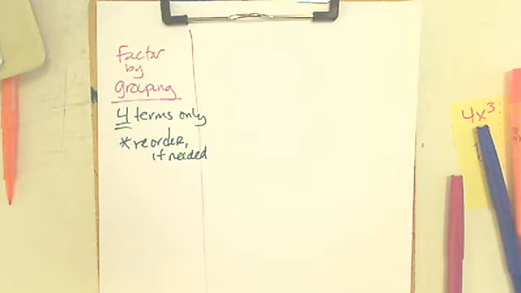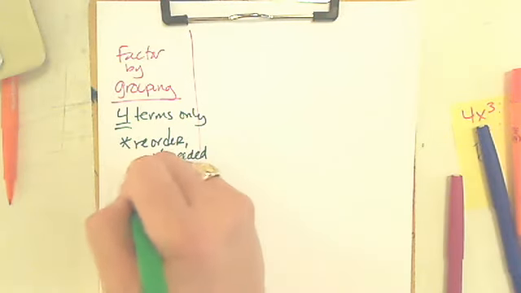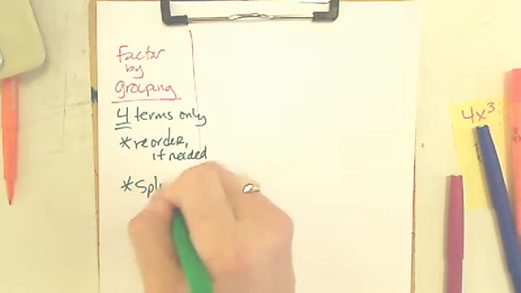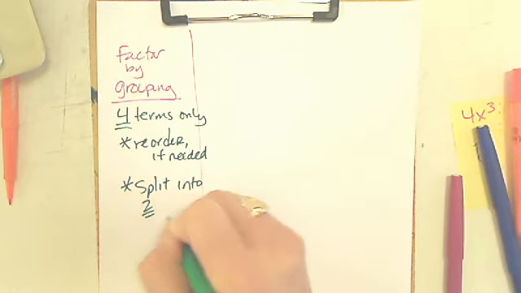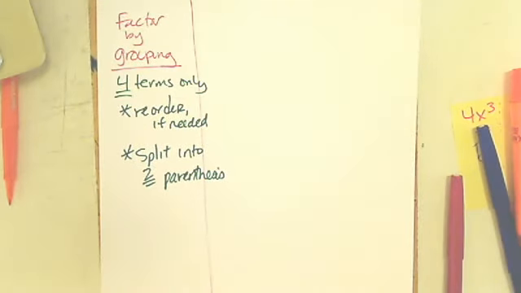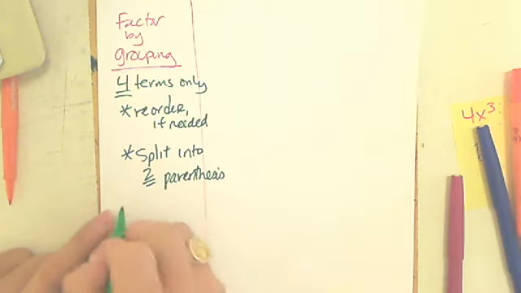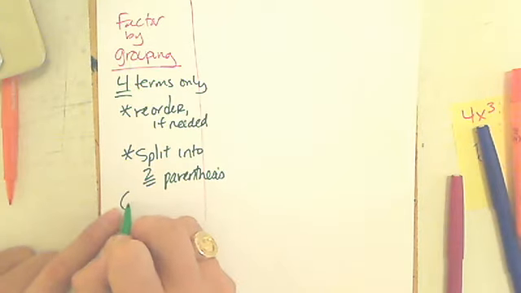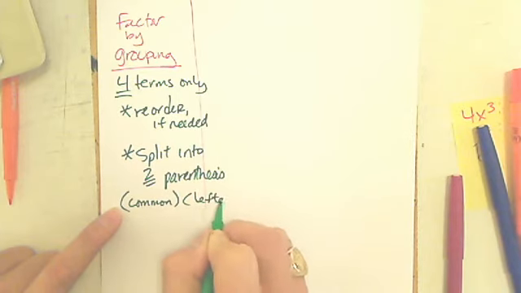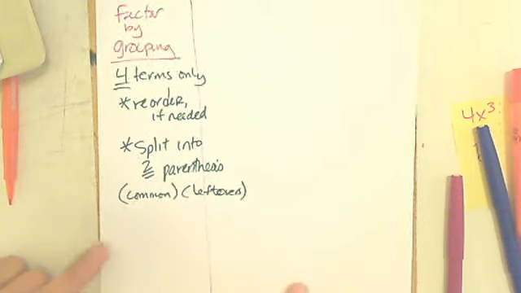What do you do with the 4 terms? How do I make it even? How do I split it? Split it into 2 parentheses. What are your 2 parentheses? What's the first one? And the second one? Common leftovers.